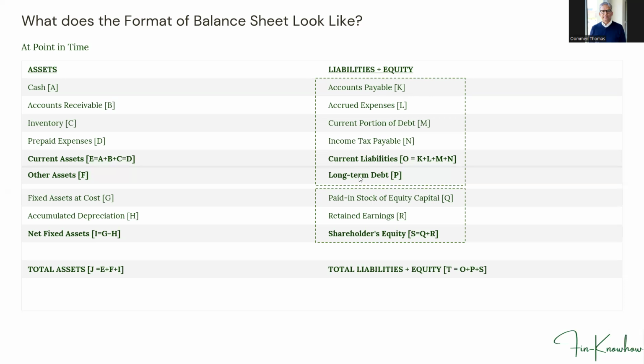Long-term debt, let's say a 5-year loan or a 10-year loan, is a long-term commitment in terms of how soon the payments have to be made, so it shows up at the bottom of the list. So this particular box between accounts payable and long-term debt represents the liability side of the right-hand column.